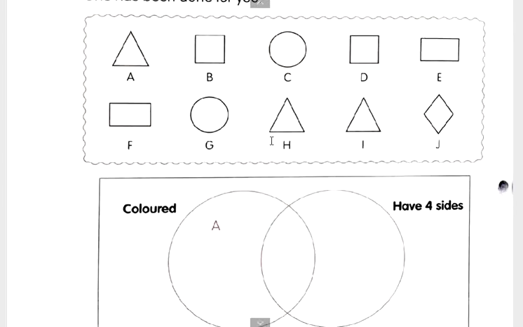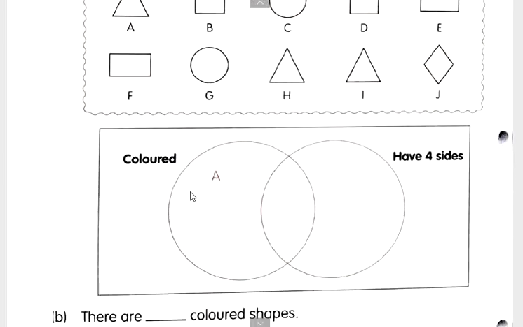So just refer to your book and find the shapes that are colored and fill in the first circle. And the shapes that have 4 sides, fill in the second circle.